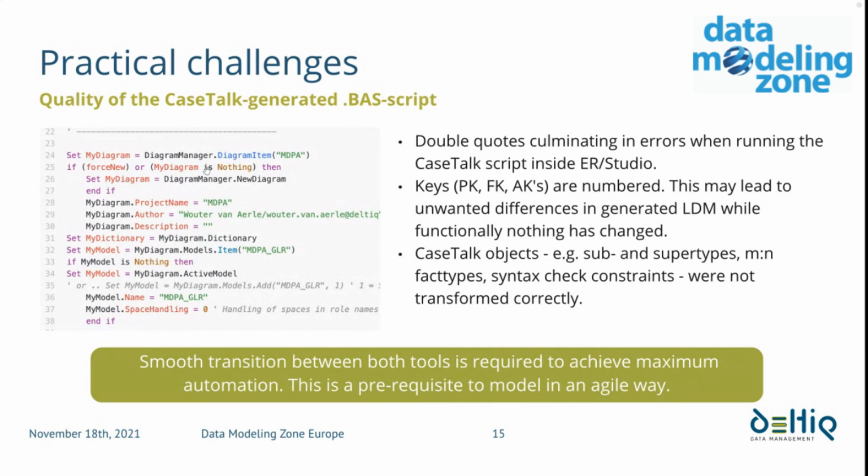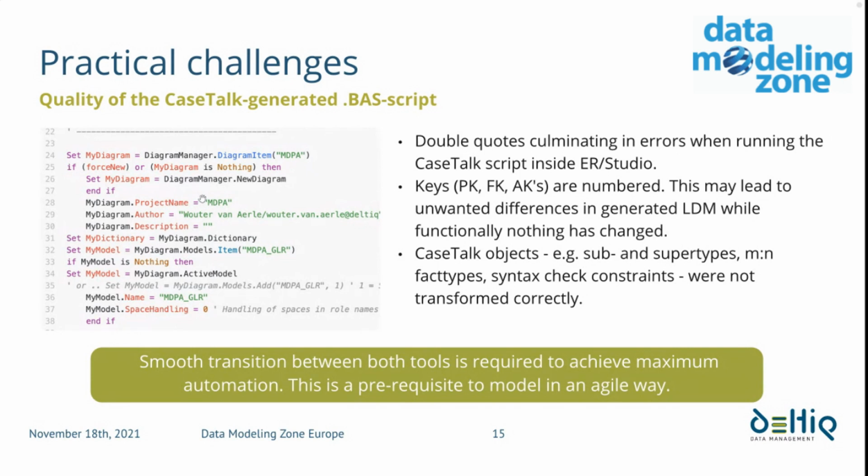Some other experiences: all the keys, primary, foreign, and alternate keys in the script are numbered, which seems like a nice convention, but if the structure changes in the conceptual model, all the numbering restarts.